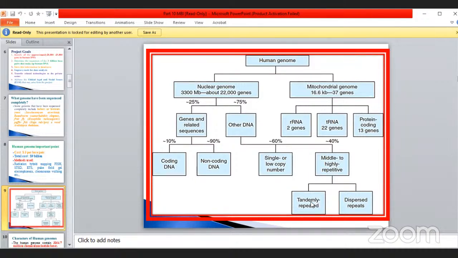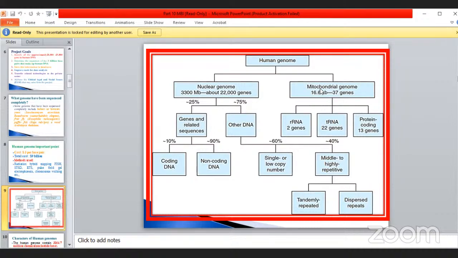Such a process is called tandemly repeated. Dispersed means sometimes it will appear, sometimes it may disappear; it may be degraded. So these all come under the heading known as nuclear genome.